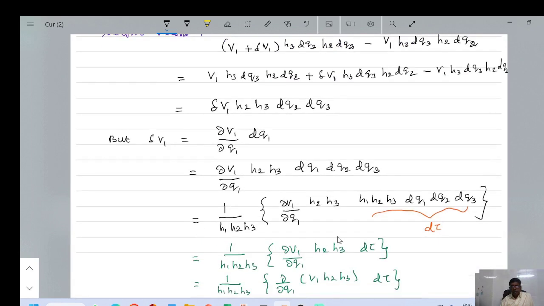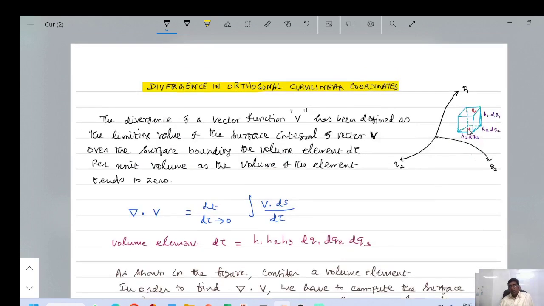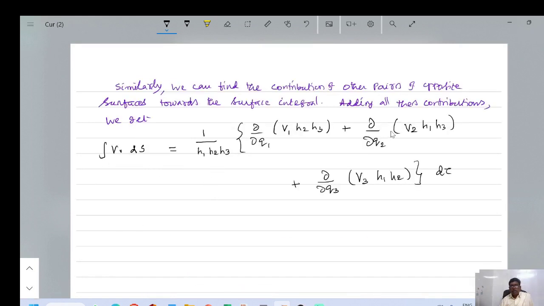We have arrived at the relation 1 by h1 h2 h3 ∂/∂q1 of v1 h2 h3 dτ. This is due to the contribution by the 1 and 2 faces, and these two are the contributions rendered by the other two pairs.